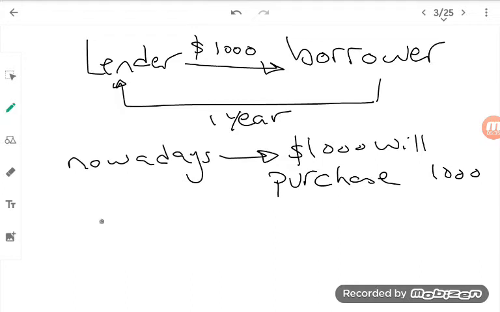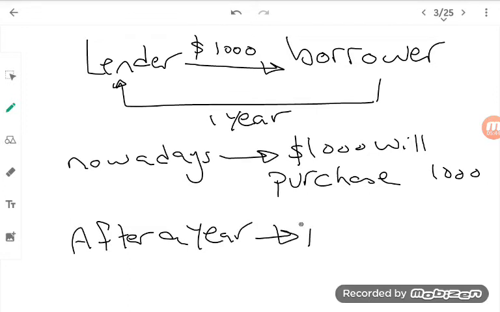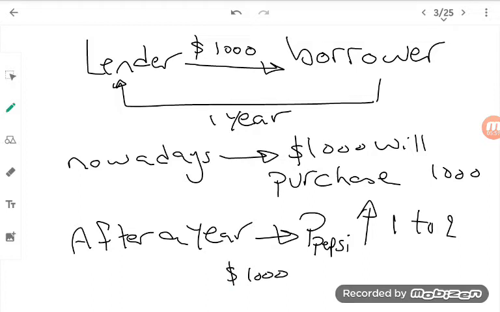Okay, after a year, prices increase. The price of Pepsi increases from 1 to 2. So the $1,000 will buy 500 cans instead of 1,000.